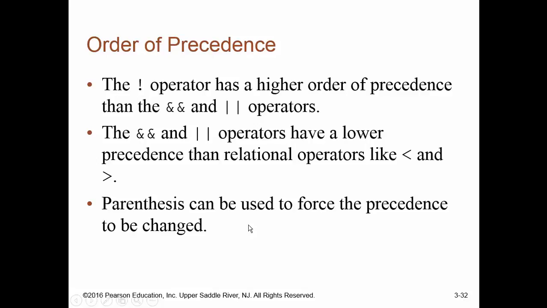When you have a complex condition, you do nots. Anytime you have a not, you do that, and then you do ands, and then you do ors. That's the order of precedence. So if you've got a very complex condition, if not x and y greater than 6 and so on, you do all the nots first, all the exclamation points, then the ands, which are your double ampersand, then your ors, because that's going from the most restrictive to the least restrictive.